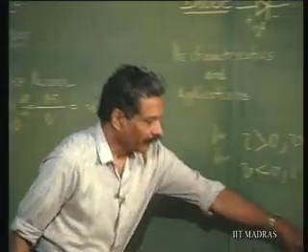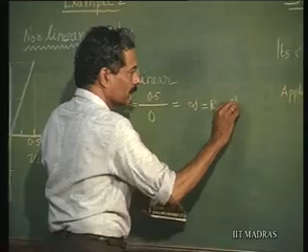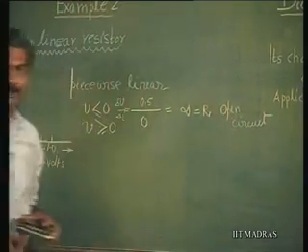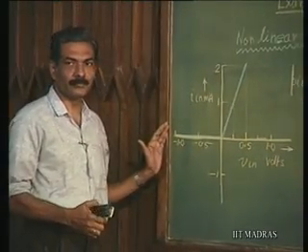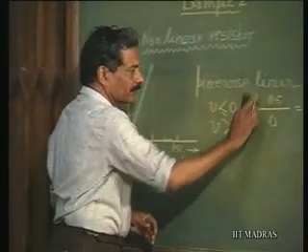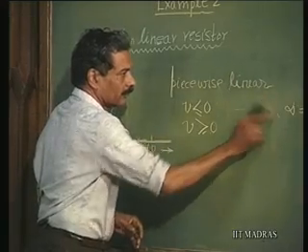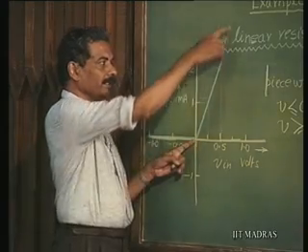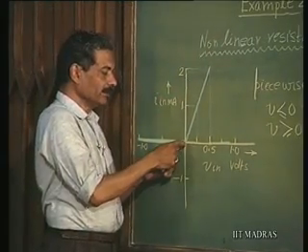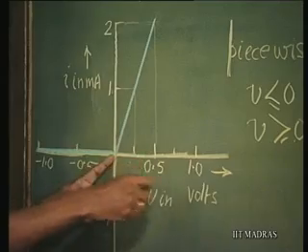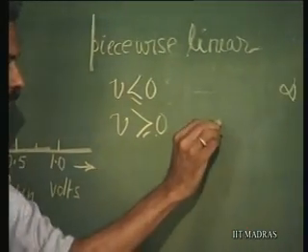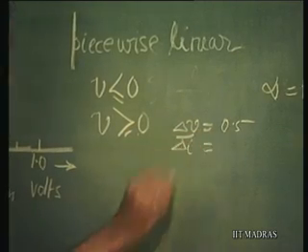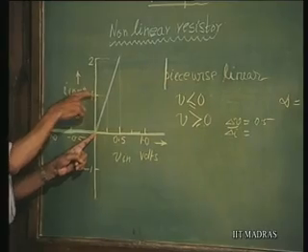It is equivalent to an open circuit there, because it is not permitting any current to flow here. Consider this region. In this region, it is linear again, but for a change in voltage of 0.5, there is a change in current of 1 milliampere.